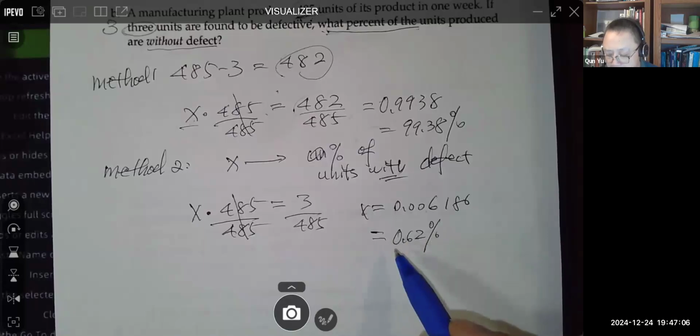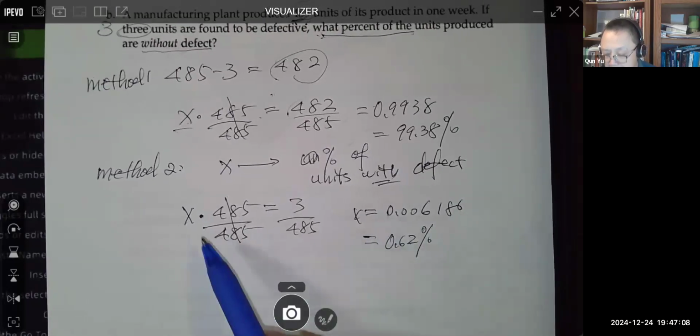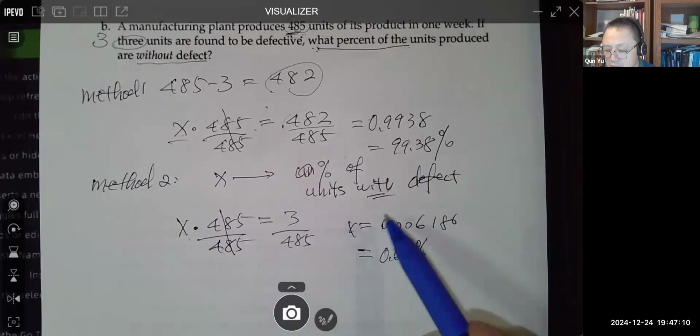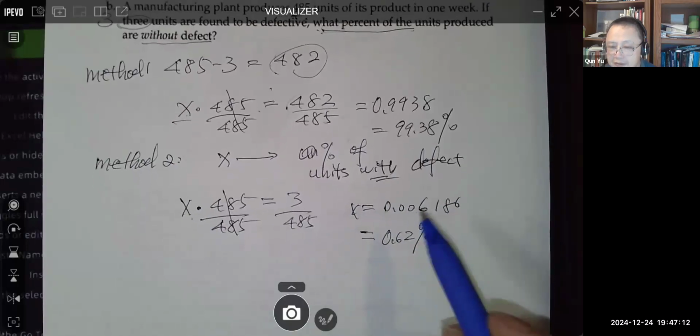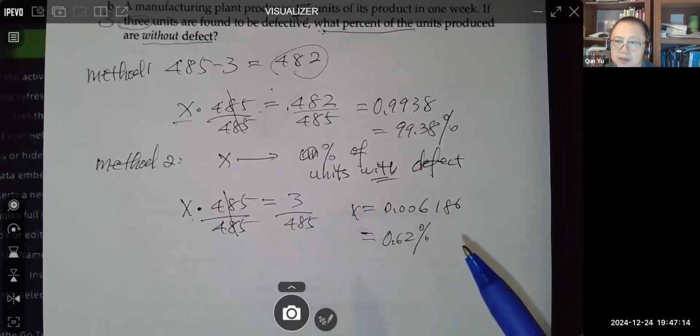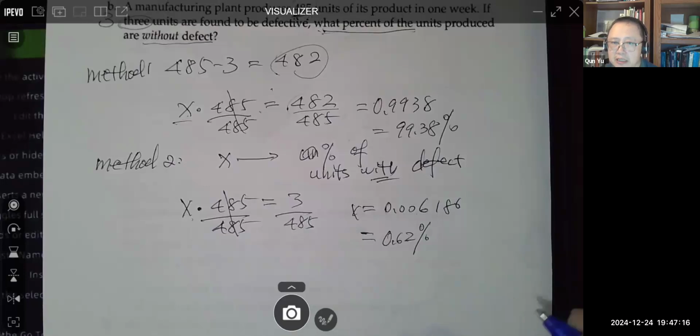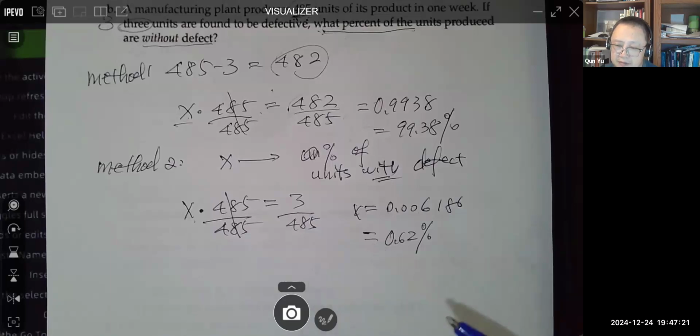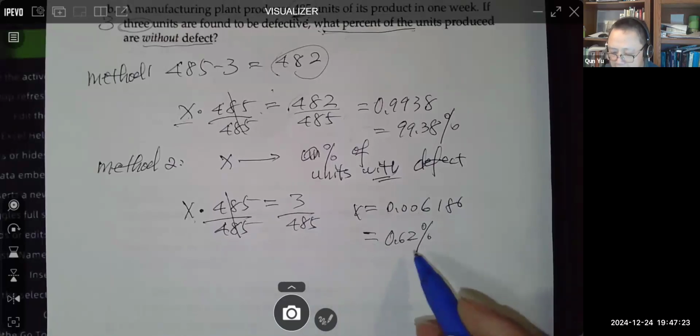Now, this is not our final answer because this X% represents those units that have defect. We are looking for the percentage of those units that are without defect. How do we do that? Either you have defect or not. The whole thing is 100%.